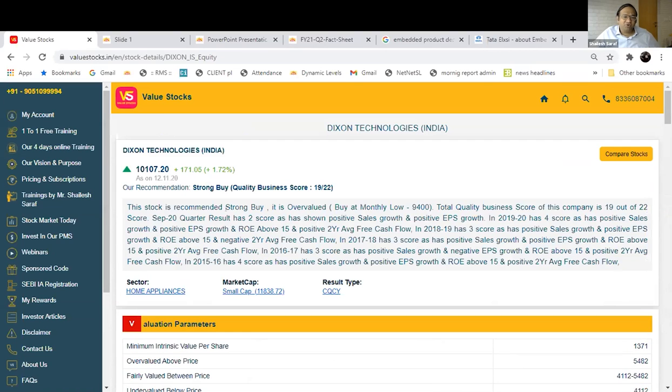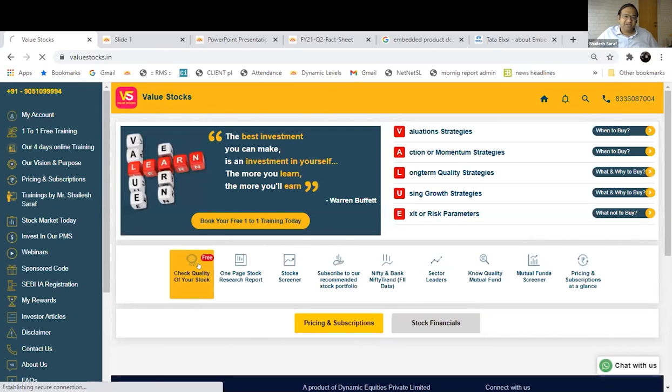So let's open Dixon. In the app, if you go to this place and click here, you can see how QBS has been calculated.